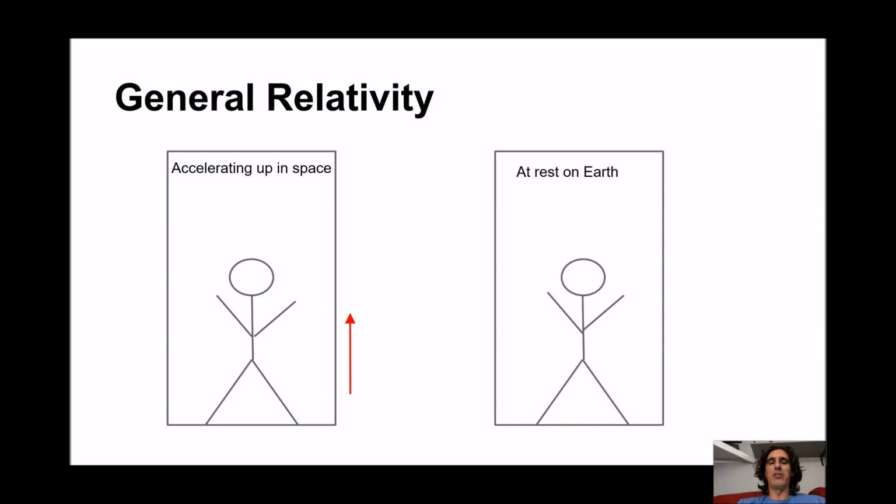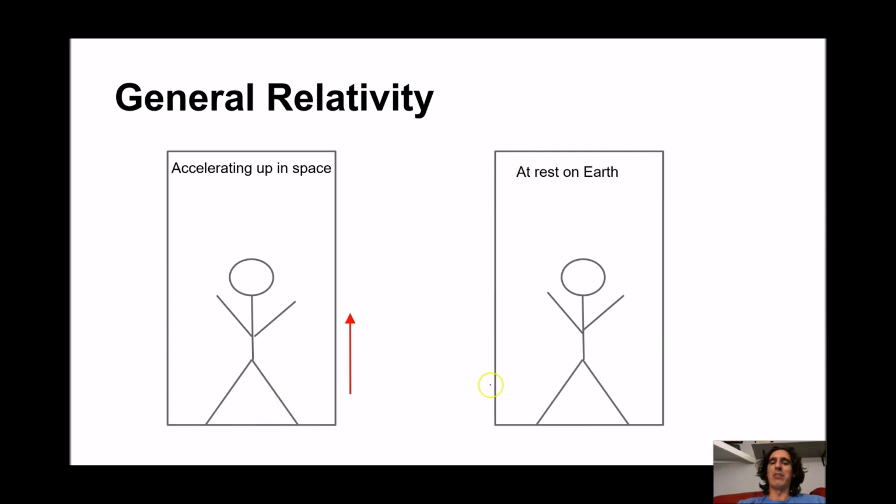Now the same rules also apply. Let's say that you are in an elevator on Earth at rest. You're going to weigh F of g, the force of gravity due to Earth. But if you're out in outer space and there isn't any gravity, if the elevator is accelerating upwards at, let's say, 1g, or the acceleration due to gravity, so it's accelerating at 9.81 meters per second squared, you are also going to feel the same weight in outer space.